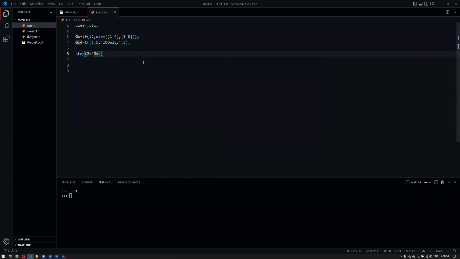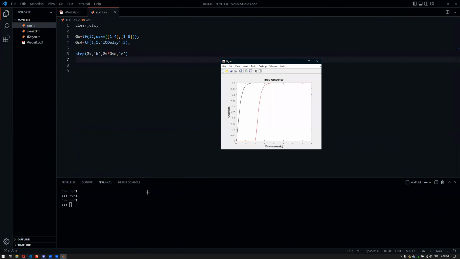So we can call this red, copy this and give it a black color, get rid of that, and compare the non-delay and delay transfer functions. It's the exact same transfer function, but one where G(s) has no delay in it, and we've added 2 seconds of delay. You can see there is a time shift. This is the same response. It doesn't change anything. The only thing that changes here is this shift.